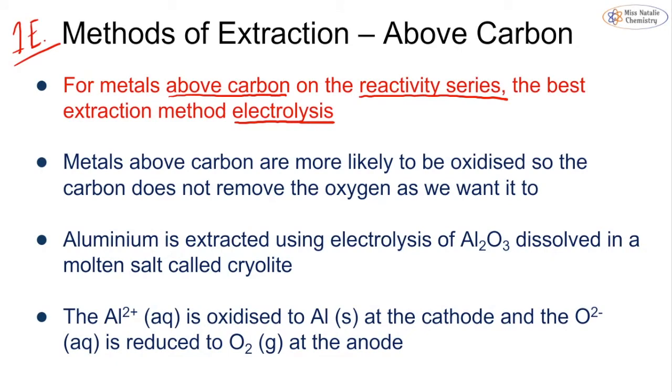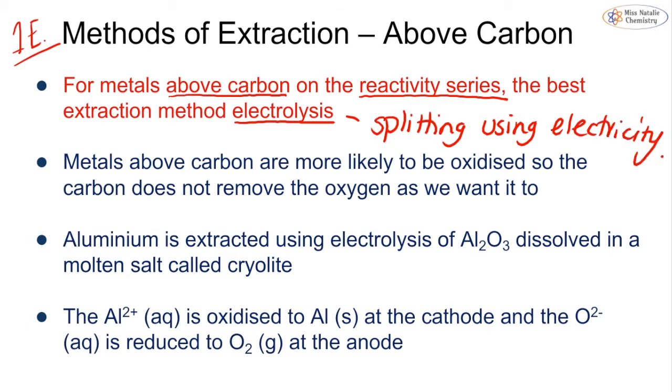So any metals above carbon are more likely to be oxidized, so the carbon wouldn't remove the oxygen as we would want it to. So what we do is we carry out the method using electrolysis. And remember, electrolysis is splitting or breaking down of a compound using electricity.